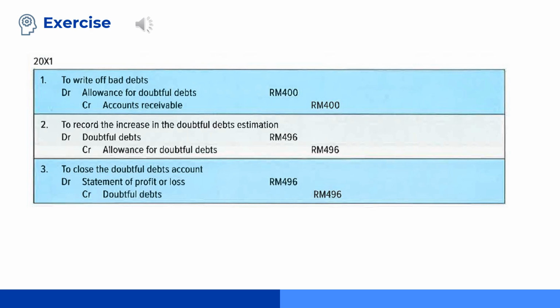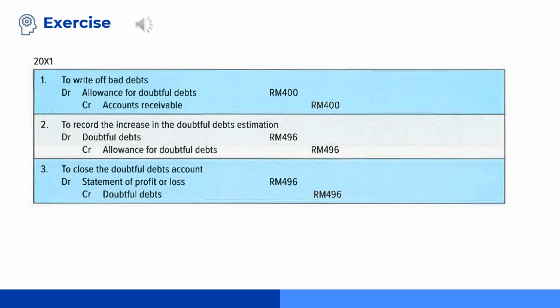Okay, first you have to write off the bad debts by debiting the allowance for doubtful debts 400 and then crediting account receivable 400. This is the portion that is proven to be unable to pay the debt, so it has to be written off by 400.